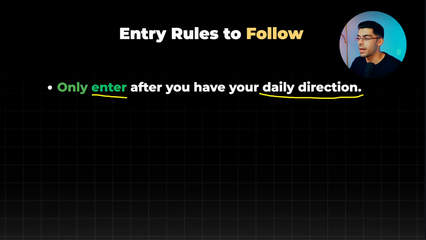And then when you go back and you check the market, you're going to have hesitation because now the daily just turned bearish, let's say, for example. So try not to enter in a trade if you don't have a clear direction on the daily time frame. This is one of the most important rules. This isn't so much an entry rule as it is a strategy rule. You have to follow this.